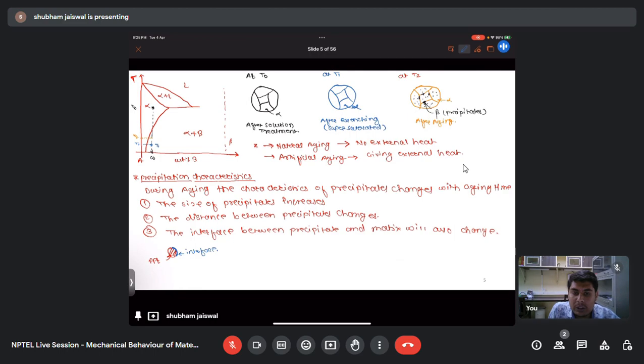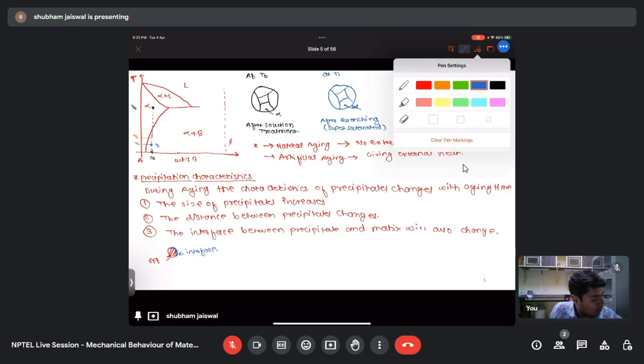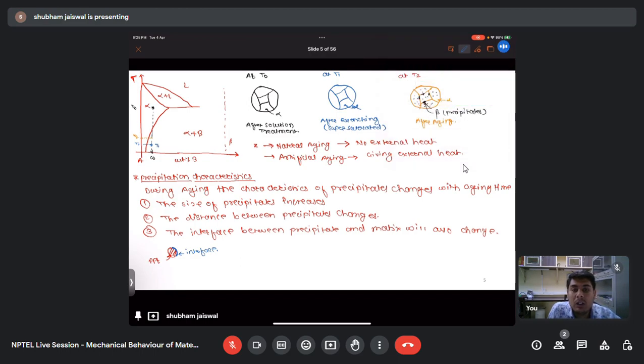So before going to see interface in detail, I will quickly tell you the precipitation sequence in aluminum copper alloys, for aluminum 4 weight percent copper.